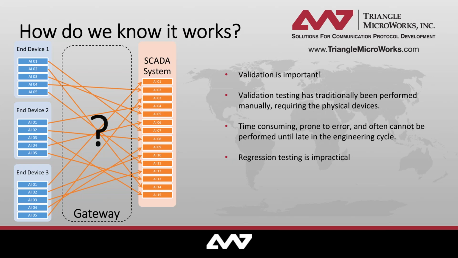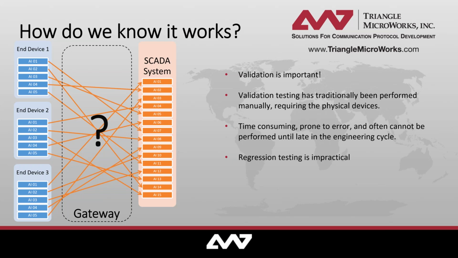This means the end devices and SCADA systems that you see in the diagram to the left must be configured, powered up, and present on the same network as the gateway before testing can begin. Because all physical hardware is rarely present and connected in the same physical location prior to final commissioning, traditional gateway validation testing may only be completed at the end of the engineering process.